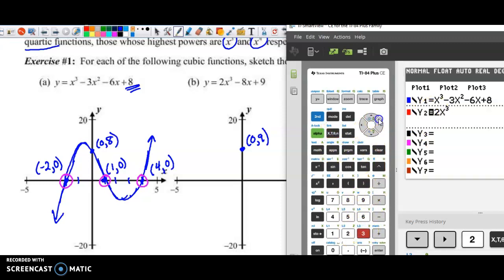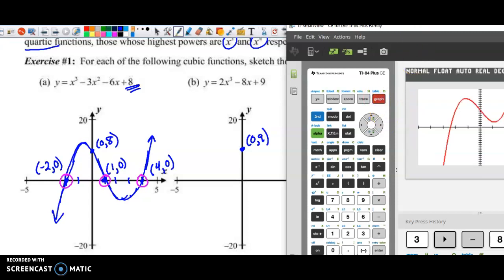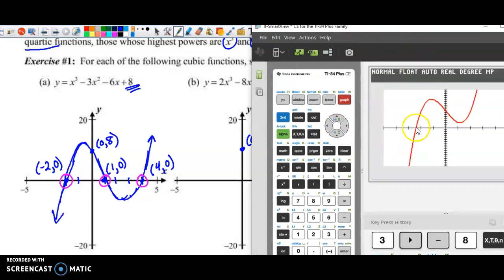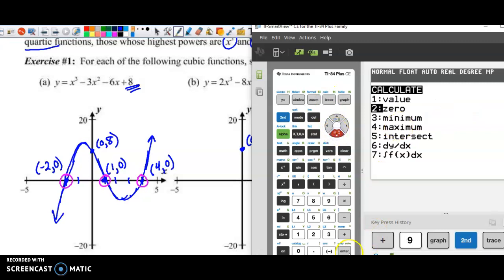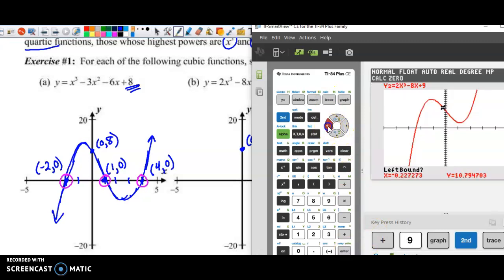So it can be saved in your calculator, but it won't show up. So now if I go to my graph, it's kind of tough to see what that x-intercept is, but you can figure that out if you remember we hit second trace and find the zero, and just move your cursor to the left, hit enter, to the right, hit enter, and in between.